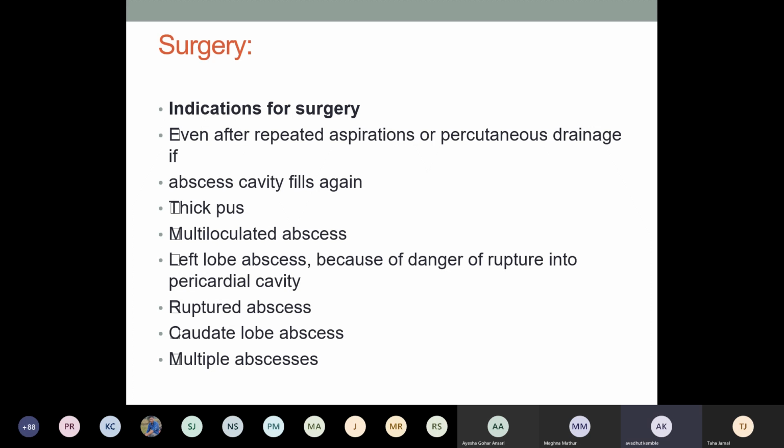Multiloculated abscess itself is an indication. Left lobe abscess, because of the danger of rupture into the pericardial cavity. A ruptured abscess on its own is an indication for surgery, and multiple abscesses are also an indication for surgery. That means open surgery.